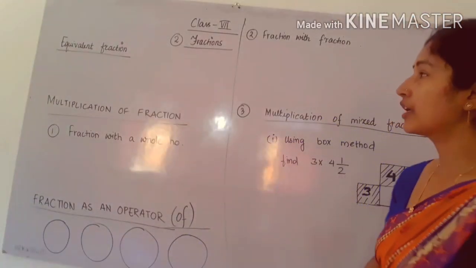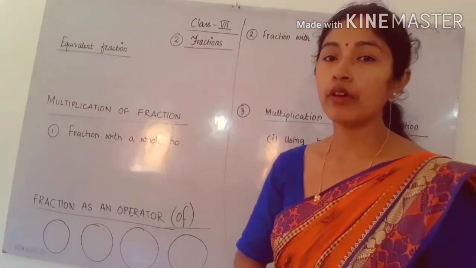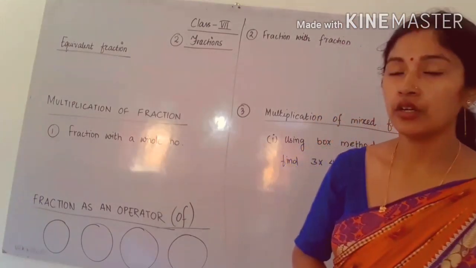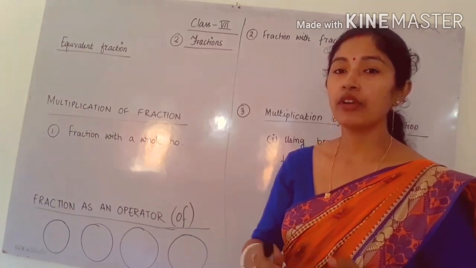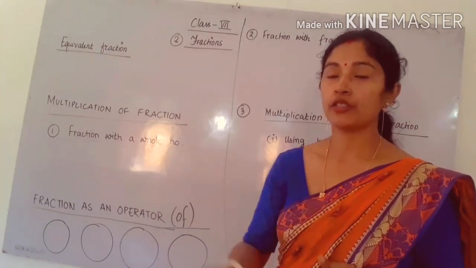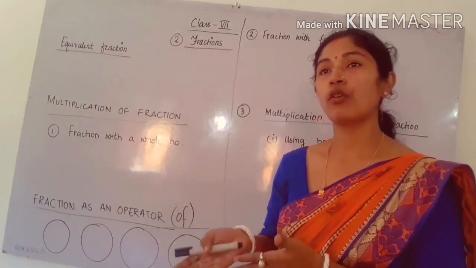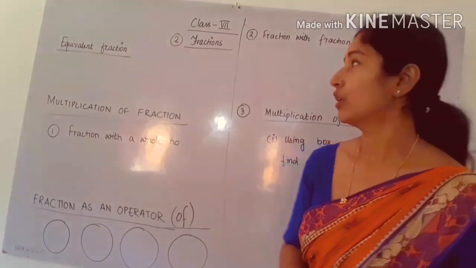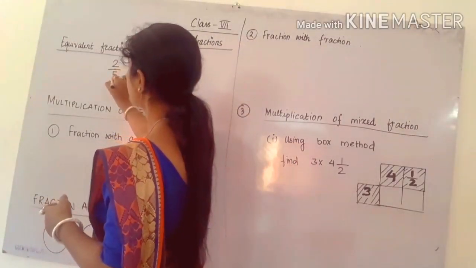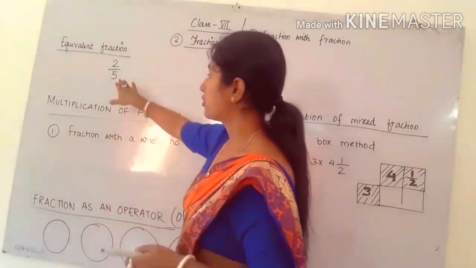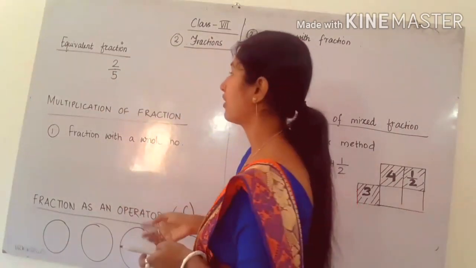So next is equivalent fraction. So what is an equivalent fraction? Whenever we multiply any integer to the numerator and denominator of a fraction, we get a new fraction. That fraction is called an equivalent fraction of the old fraction. For example, I have one fraction 2 by 5 and I want to find an equivalent fraction for 2 by 5.